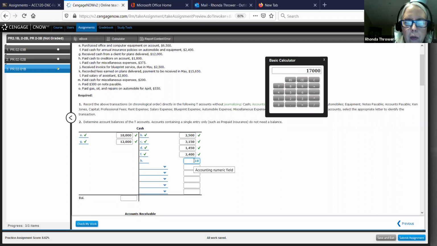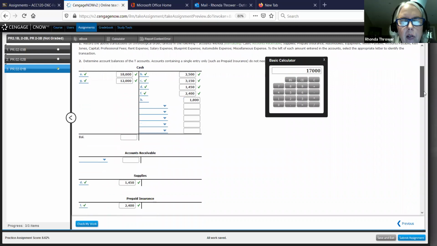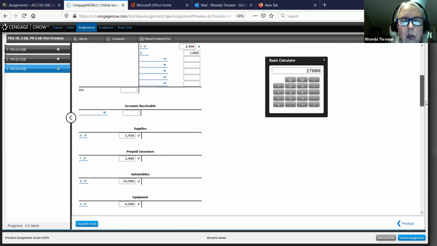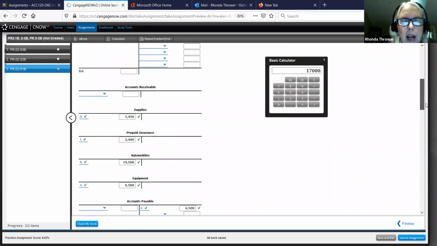Ask yourself, why did your cash go down? It went down because I paid a creditor on account. So that means you paid a liability. So in this case, your cash went down, which is on the asset side. Assets are decreasing.